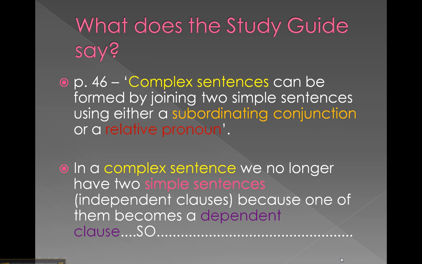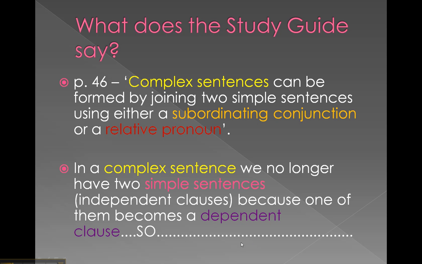So just a quick reminder, back to the definition of the complex sentence on page 46. We're now looking at this second type here with the relative pronoun. So again, we're going to turn one of our simple sentences that we had joined together in a compound sentence into a dependent clause.